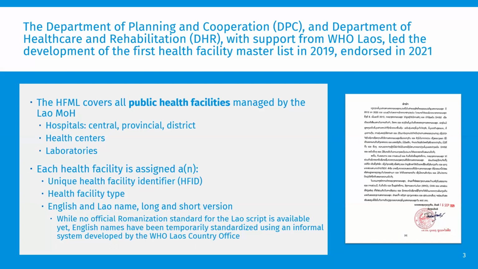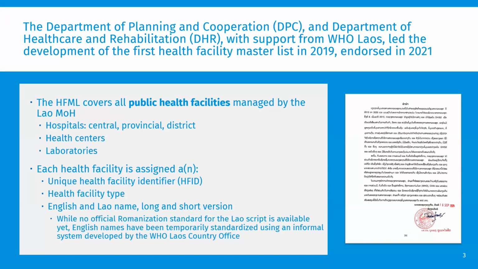Each health facility is assigned a unique health facility identifier, health facility type, and English and Lao names, in long and short versions. Why is no official romanization standard for the Lao script available yet?